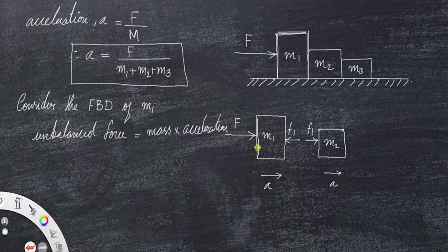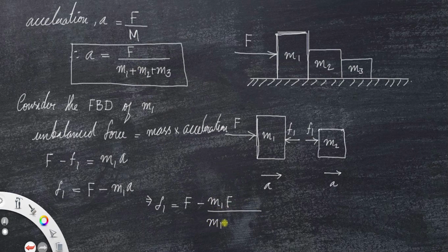So for the mass M1, the unbalanced force is F minus F1 is equal to M1 into acceleration. So F1 will be F minus M1 A, which implies F1 is equal to F minus M1 into acceleration, which is F divided by M1 plus M2 plus M3.